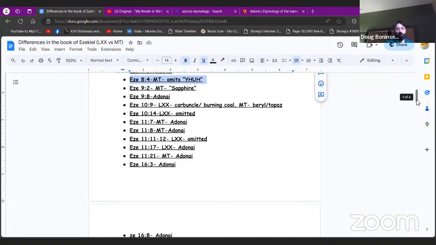And just to show you what I'm talking about here, let's go to 8 verse 4. All right, so, and behold, was there the esteem of Kurios, Theos, of Yasharal.